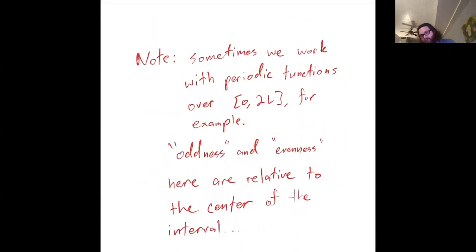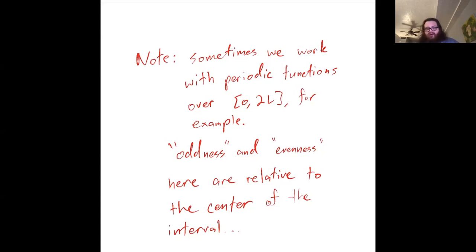So one other point I want to make with this section is, oftentimes, especially numerically, we want to work with periodic functions over different intervals, right? And so this was something that came up with this fast Fourier transform business, and really, what we started with cosine and sine when we first learned about them way back when.